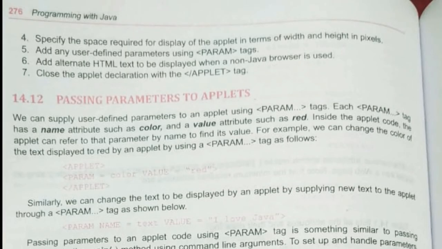Fourth, specify the space required for display of the applet in terms of width and height in pixels. Fifth, add any user-defined parameters using param tags. Sixth, add alternate HTML text to be displayed when a non-Java browser is used. Seventh, close the applet declaration with the /applet tag.